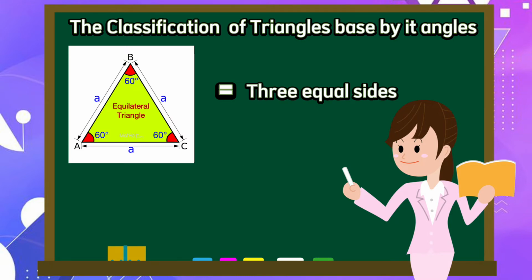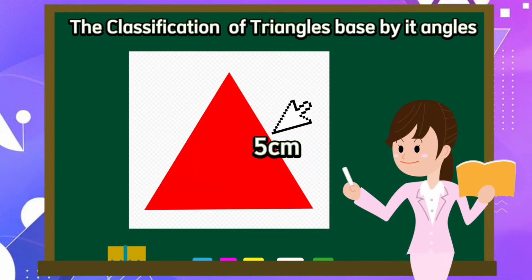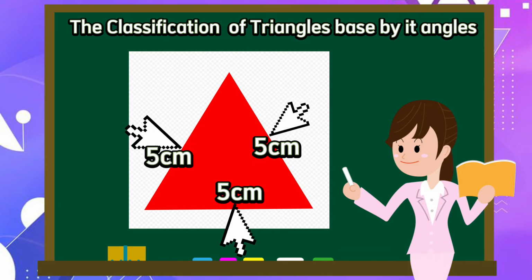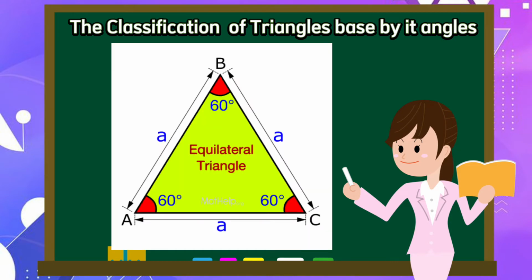An equilateral triangle has all three sides equal to each other. For example, if this side is 5 centimeters, the other two sides are also 5 centimeters because they are equal. That is an equilateral triangle. And due to this, each of the internal angles is 60 degrees.